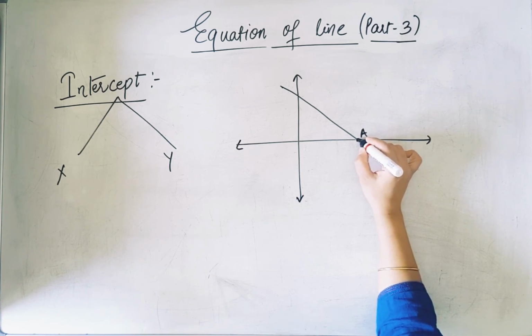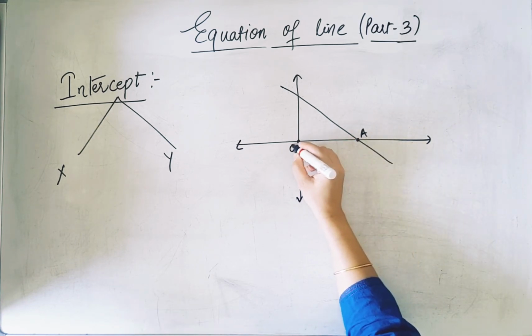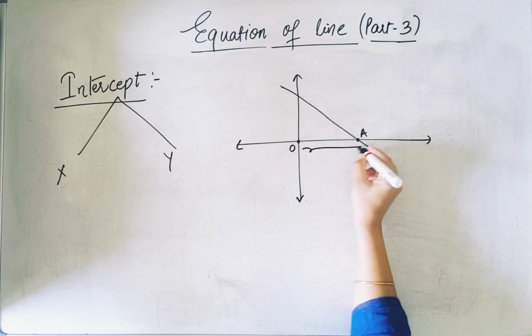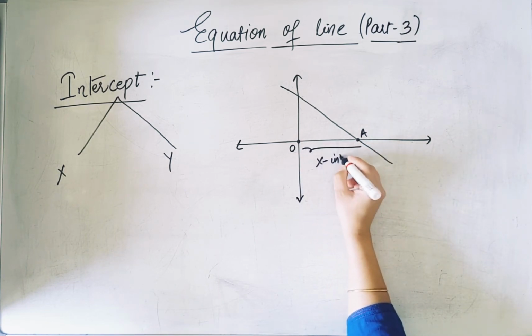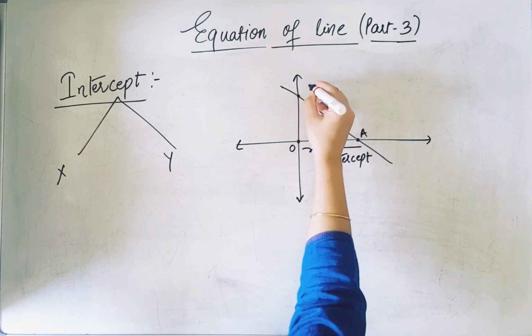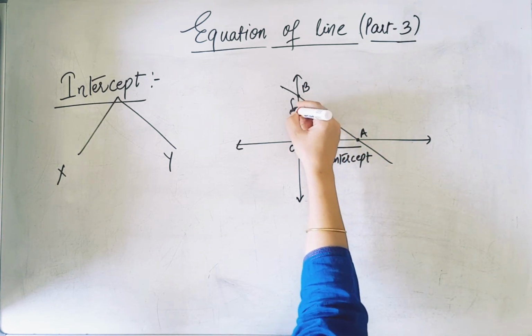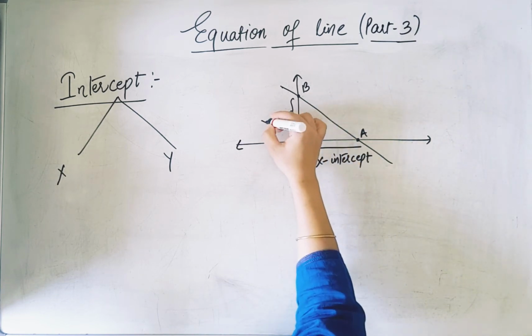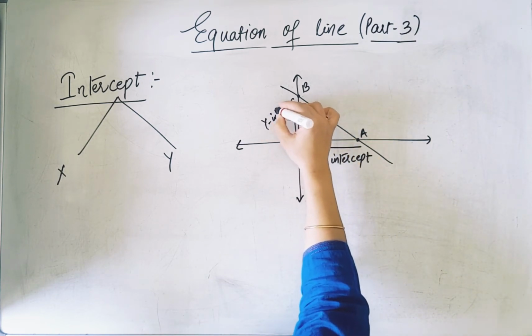The distance of this point from origin, if it is on x-axis, is known as x-intercept. And if this point is on y-axis, its distance from origin is known as y-intercept.